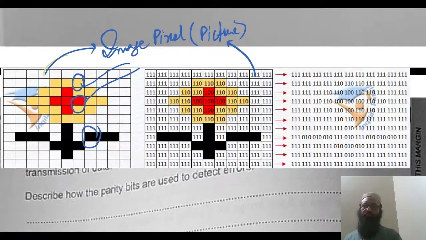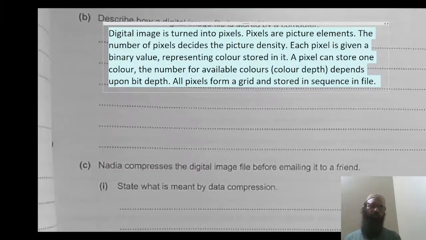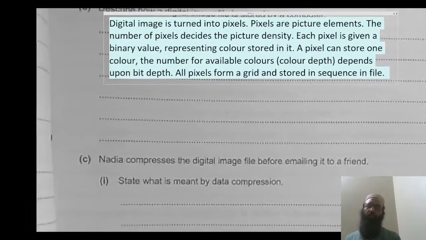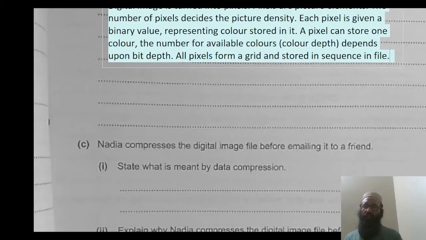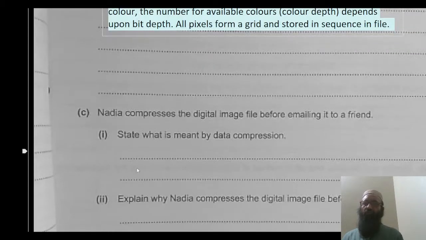Right, students? Then the next part. This is a 3 mark question, so you need to write down at least 3 points. The next part: state what is meant by data compression. Data compression means reducing the file size. Whenever we use the term data compression, we are reducing the file size.